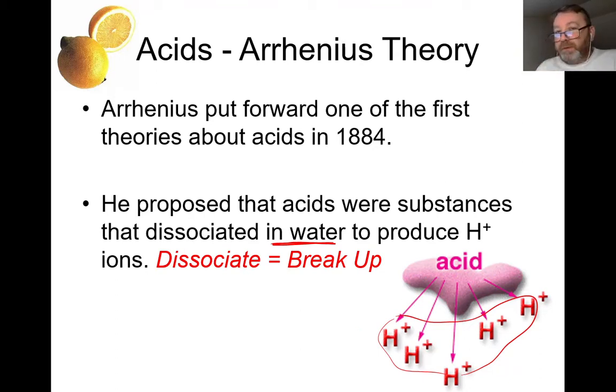Now, something important there. He proposed that acids were substances that dissociated in water. So what he's basically saying is that if an acid is going to be acidic, it has to be an acid in water first. So if you take hydrochloric acid in its concentrated form that is not in water, it won't show acidic properties. It must be placed into water, so that it breaks up and releases copious amounts of H+.